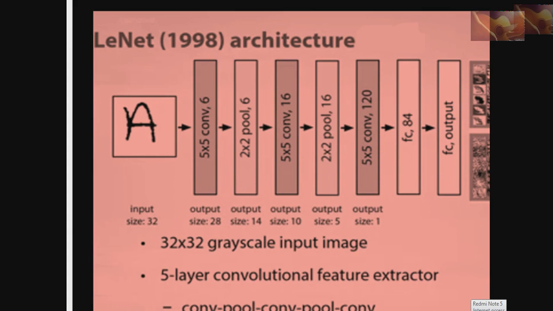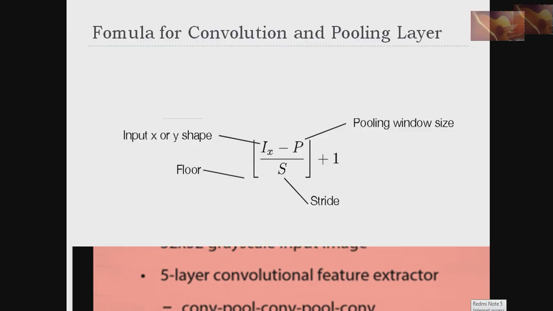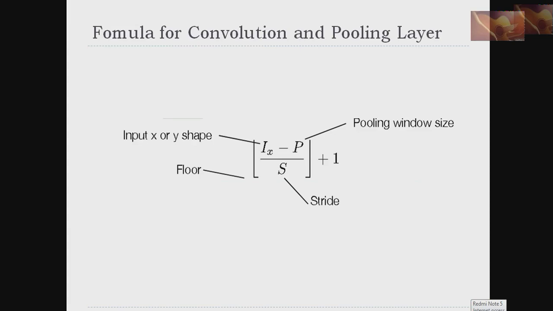Pooling has the exact same calculation. If the padding is same, then the output size stays the same. Otherwise, if valid, then this calculation applies. For pooling we use the pooling window size, and in the case of convolution we use the convolution filter size.